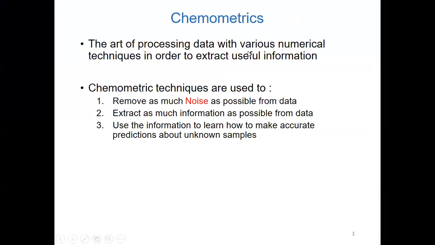Right. So last day we started the chemometrics part. Under chemometrics, just to refresh what we have done last week, I will quickly go through the slides.